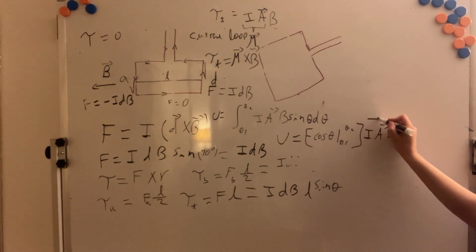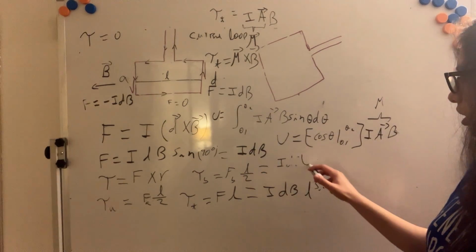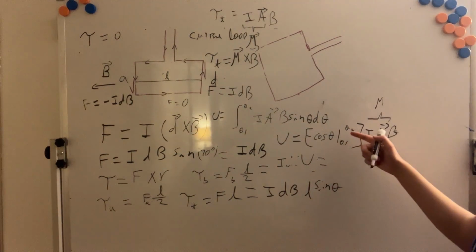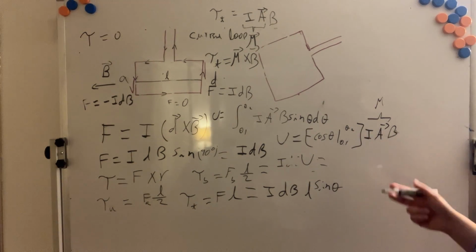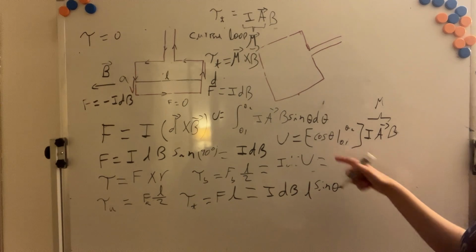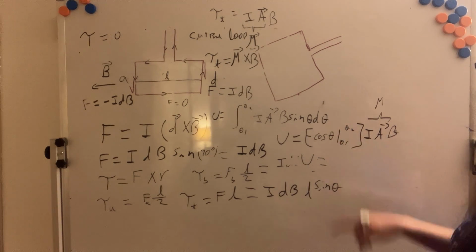So this is the magnetic dipole, and if you take theta 2 as pi over 2, this would be 0, and so you just have positive cosine theta 1.